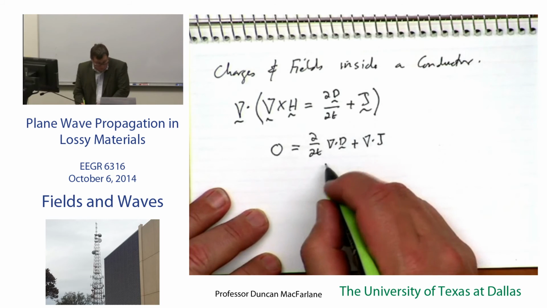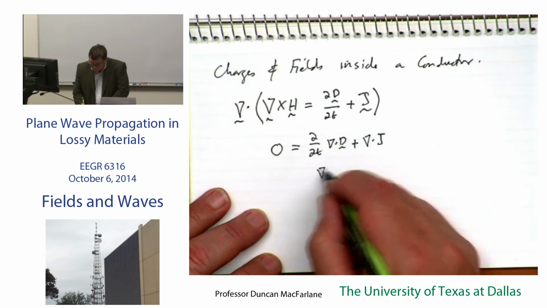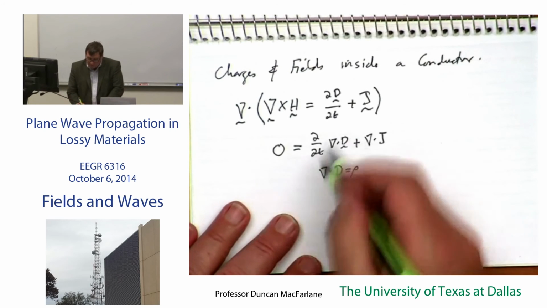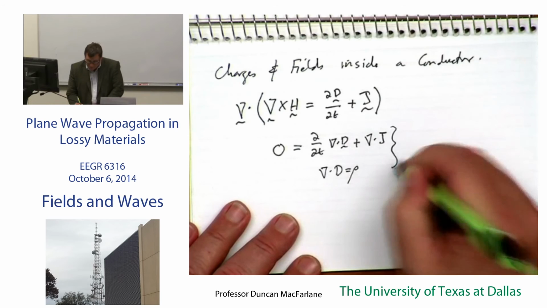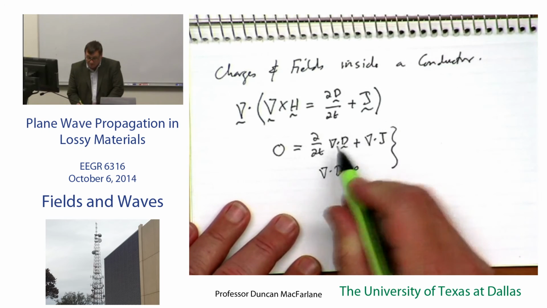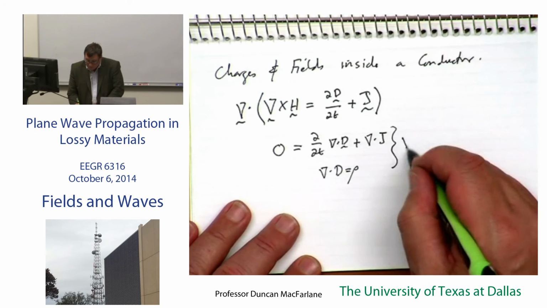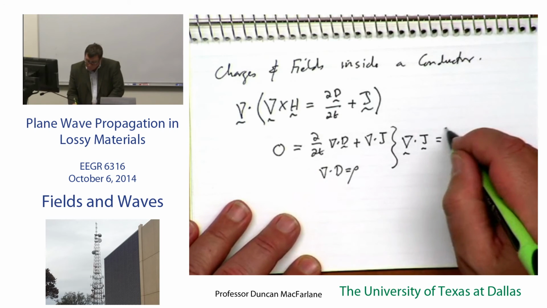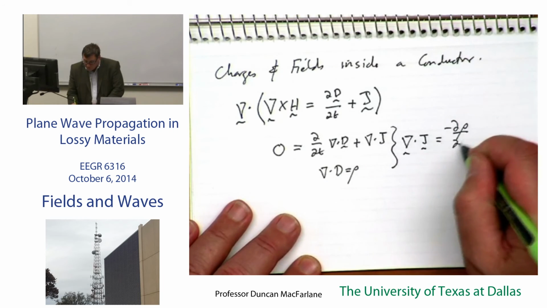And I have the divergence of D is equal to rho. And remember, I've combined these guys together in the past to derive the continuity equation, sometimes called Maxwell's fifth equation, for the conservation of charge.